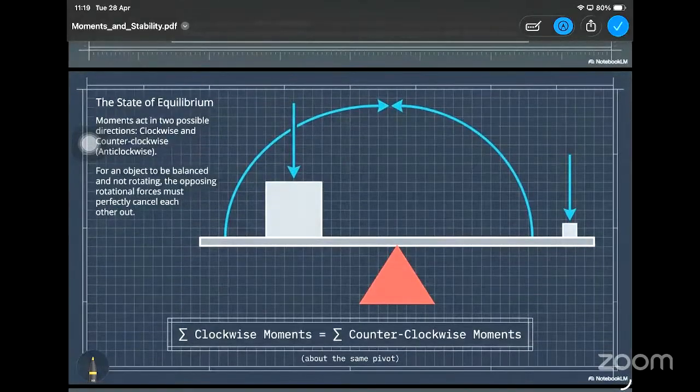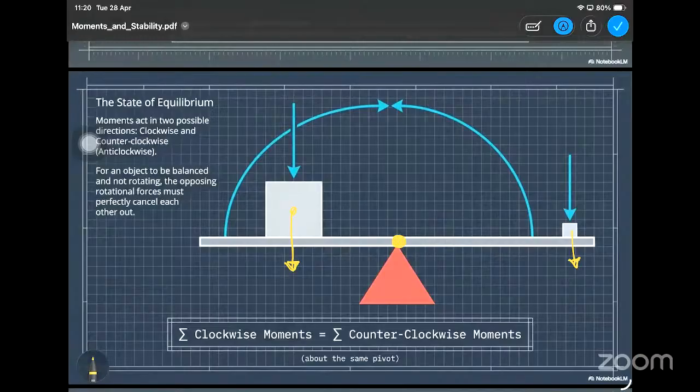Okay, so equilibrium means it is at a stable position. As given in this diagram, you can see there's a flat surface, and here this is going to be considered as the rotating place, or the pivot, right? So there will be a force applied downwards due to this object, and also a force applied downwards like this, right?